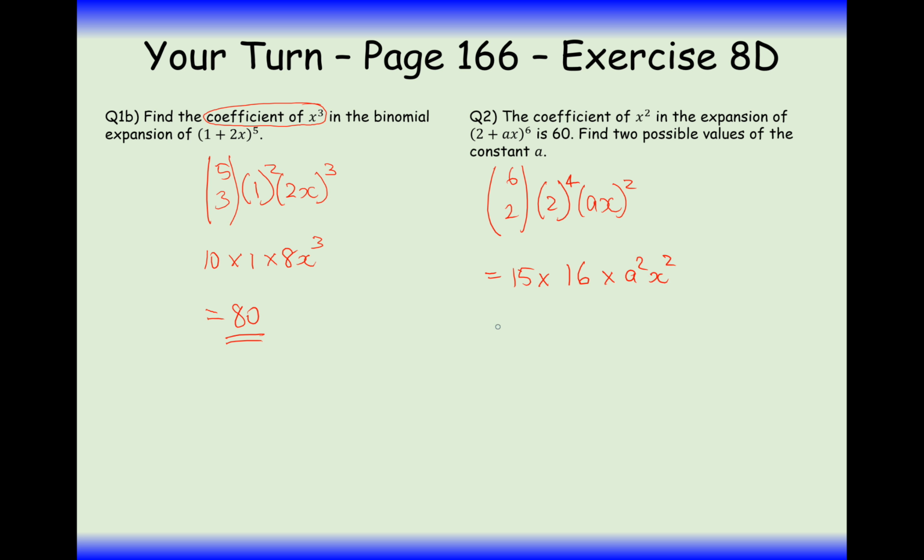And if this value equals 60, then we've got 240a squared, which equals 60, because the coefficient on the x squared is 60. Divide through by 240 then, and we get a squared is a quarter, so therefore a must be plus or minus a half. So these are the two values of the constant a.